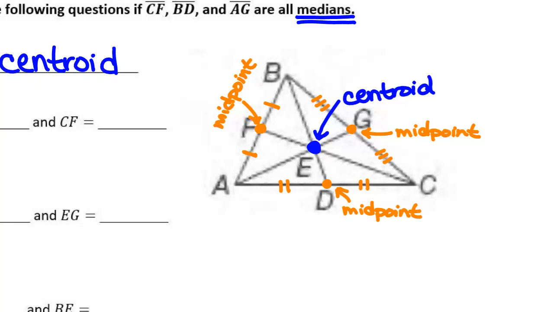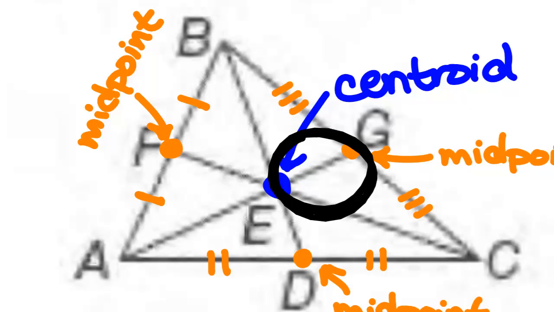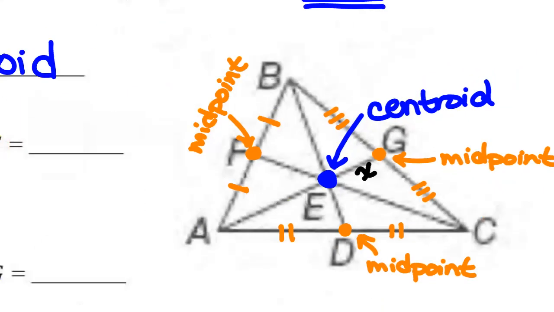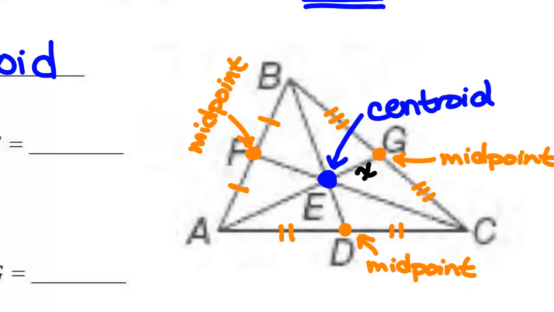All right, let's label up our 1x, 2x, 3x stuff. If it goes from the centroid to a midpoint, is that a 1x, a 2x, or a 3x? 1x. What about if it goes from the centroid to a vertex of the triangle? 1x, 2x, or 3x? 2x.